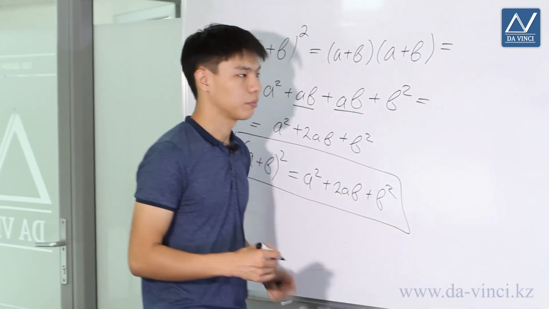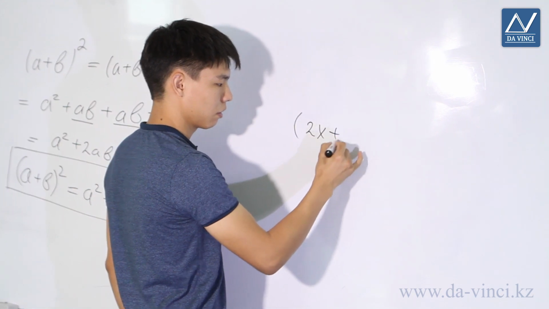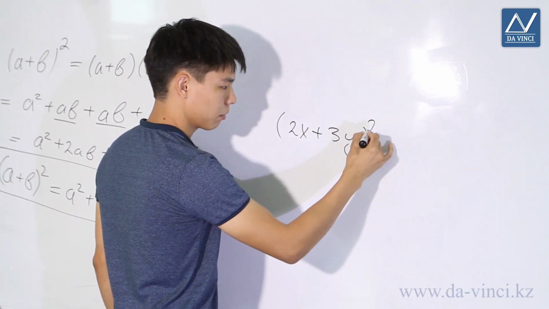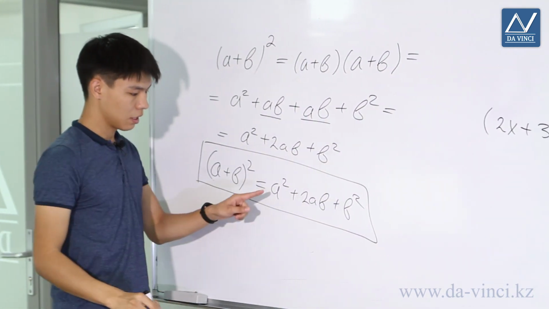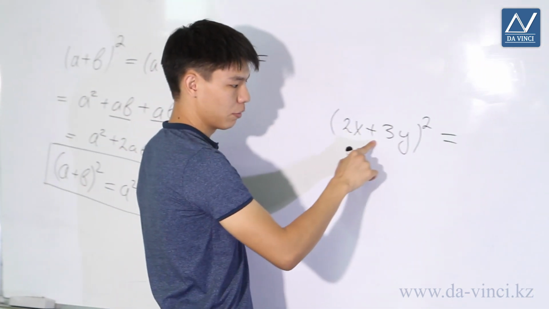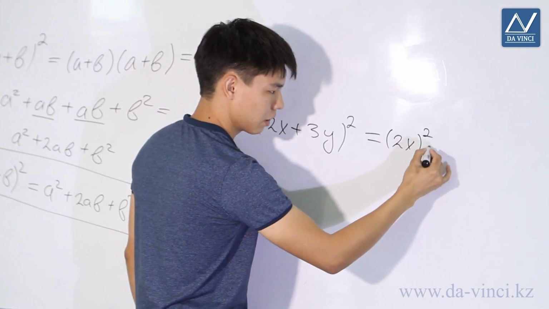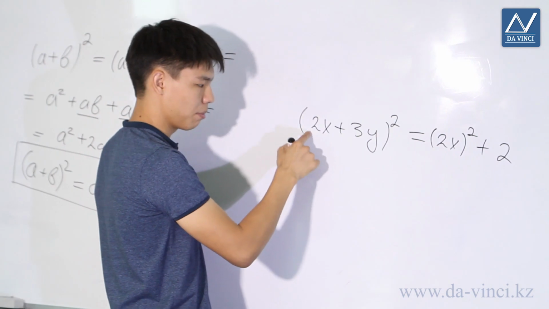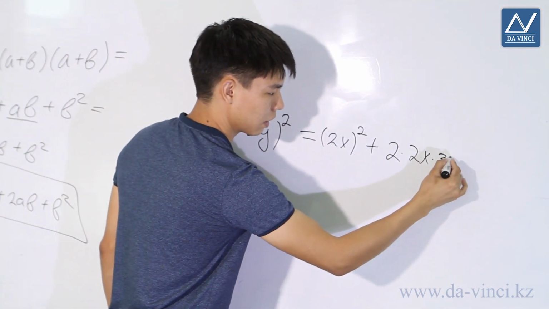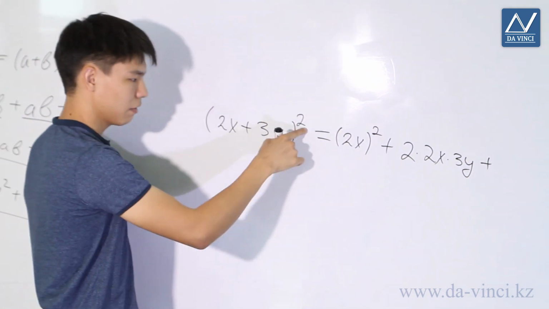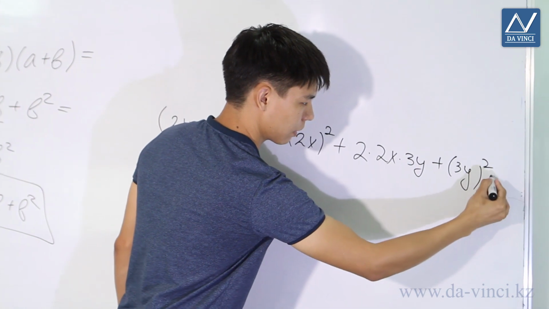Let's consider an example. Let's square the following expression: (2x + 3y) squared. Using this formula, we can write it as follows. The square of the sum of two expressions is equal to the square of the first expression, that is, (2x) squared, plus twice the product of the first expression by the second, 2x times 3y, plus the square of the second expression, (3y) squared.